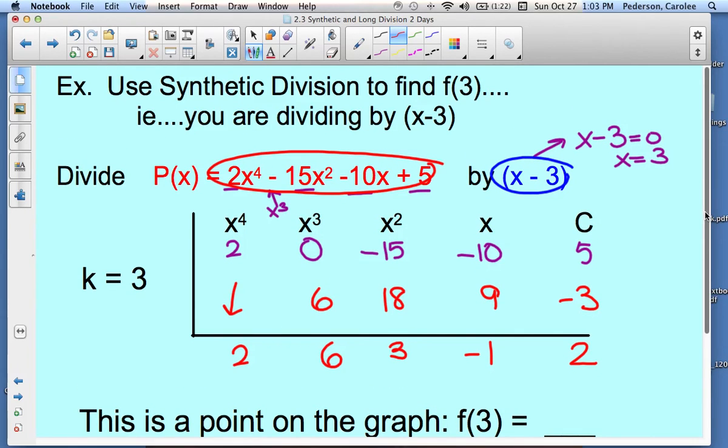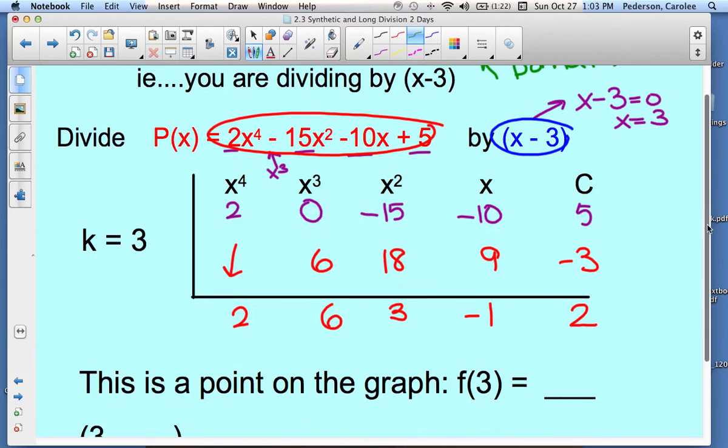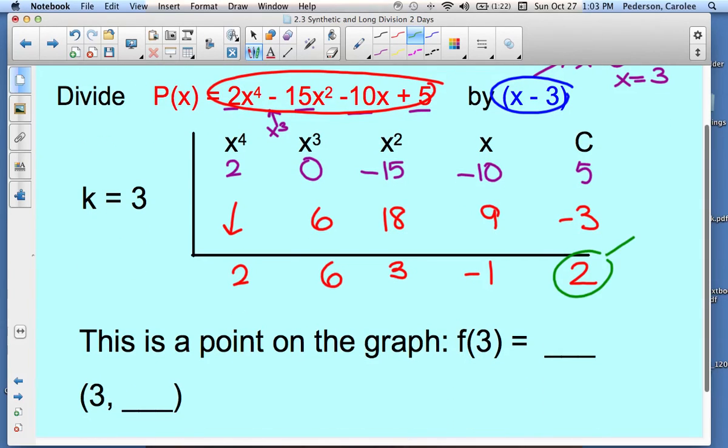We wanted to find out what is, if this is my domain, my evaluation, what is f of 3? What we get out is our range, our output. So we say this is a point on the graph, f of 3 is 2.